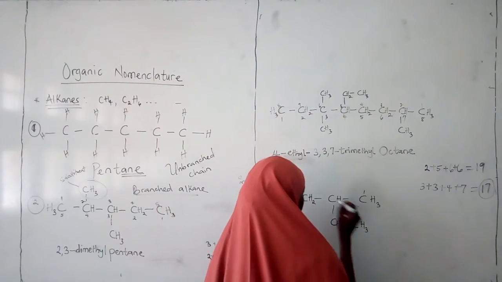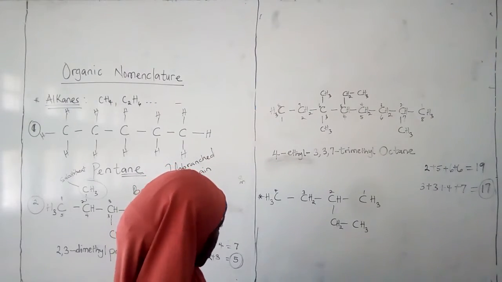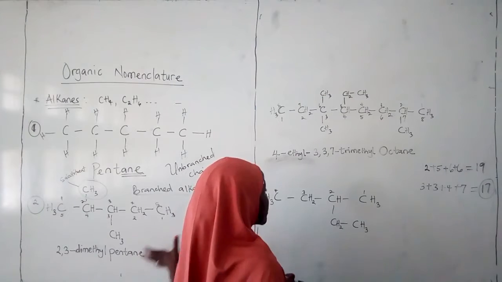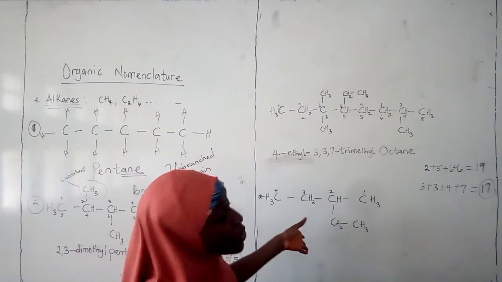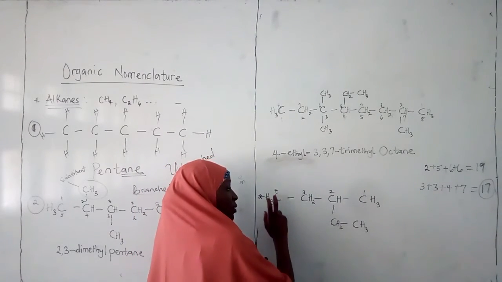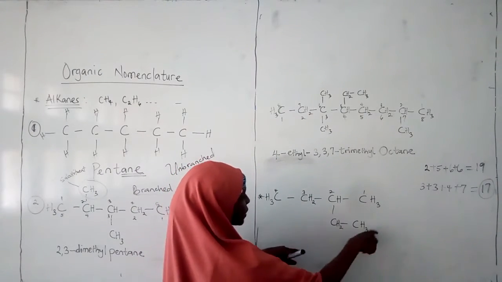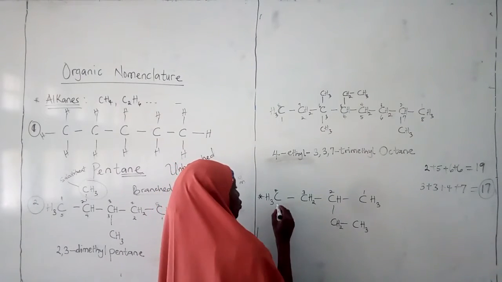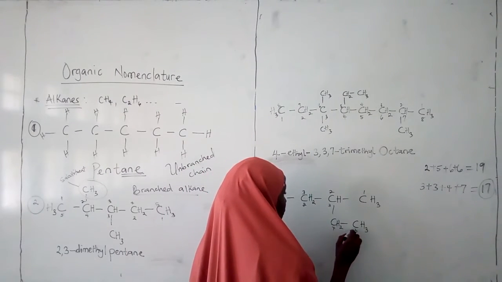We have 1, 2, 3, 4. Now this is 4. I said we are going to try all the possible ways to see which one is going to give us the longest chain. Now this is 1, 2, 3, 4. This is 1, 2, 3, 4 also. Now let's start counting from this side. This is 1, 2, 3, 4. Now let's count from this side, and this is 1, 2, 3, 4, 5.